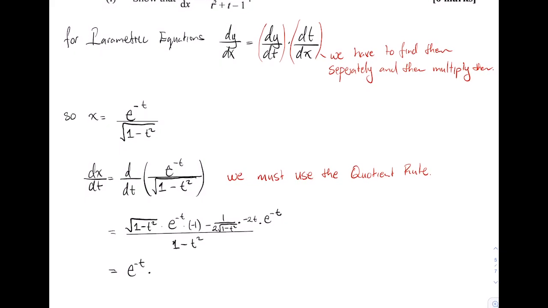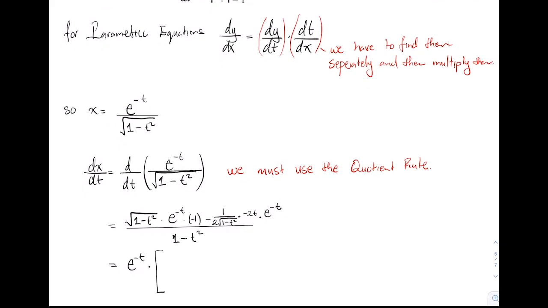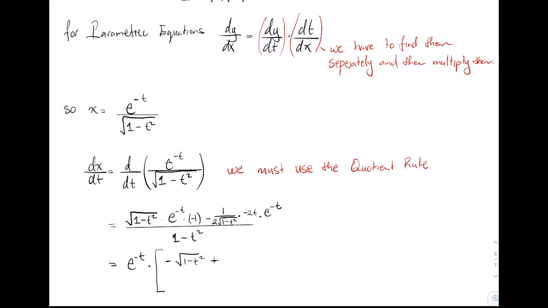This then gives us e to the minus t times, in brackets, the negative of the square root of 1 minus t squared plus t divided by the square root of 1 minus t squared, all divided by 1 minus t squared. We're just simplifying here.